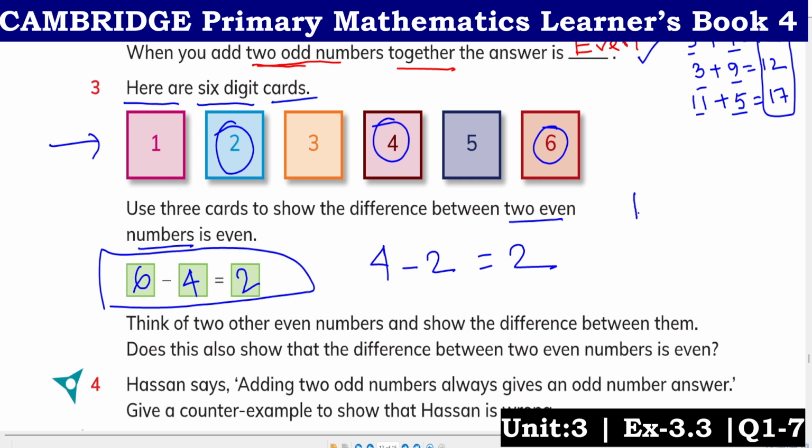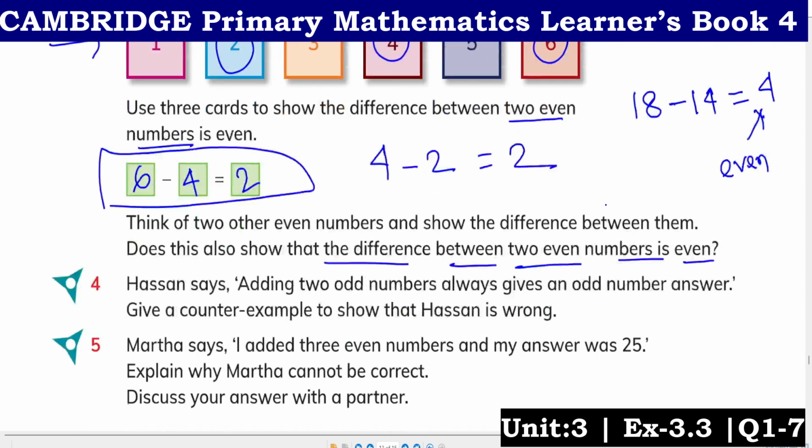Let's say 18 minus 14. Here are two even numbers, and once we find the difference, we will get 4, and this is also an even number. So the statement is correct: the difference between two even numbers is even. Very interesting, and it's very important. Number 4.